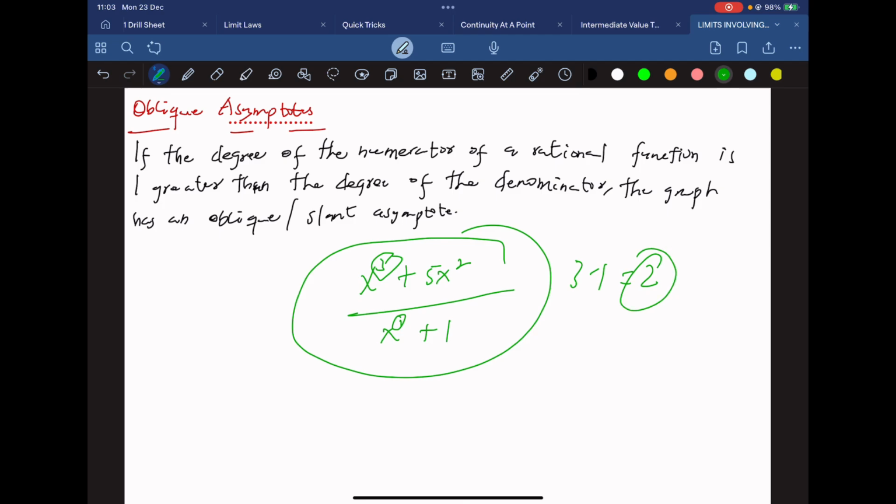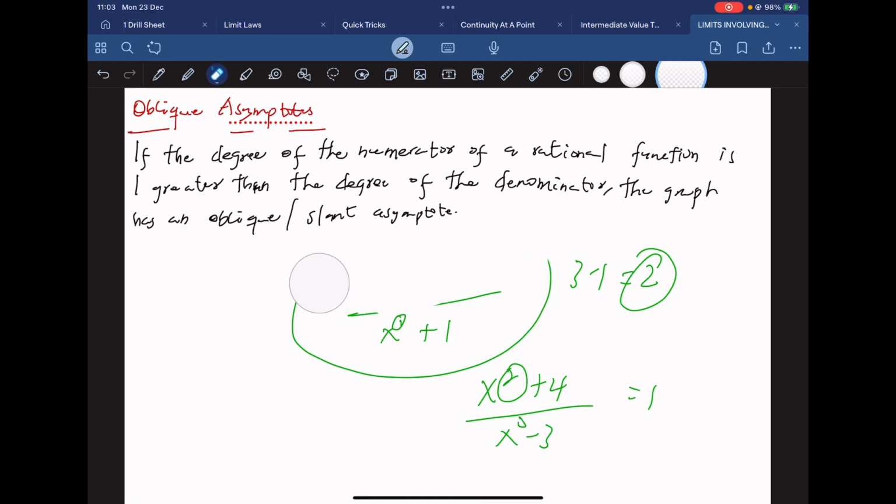So it means that there is no oblique asymptote. The difference should be 1. So if you have s squared plus 4 over x minus 3, 2 minus 1 is 1. So there is an oblique asymptote. I hope this is clear.